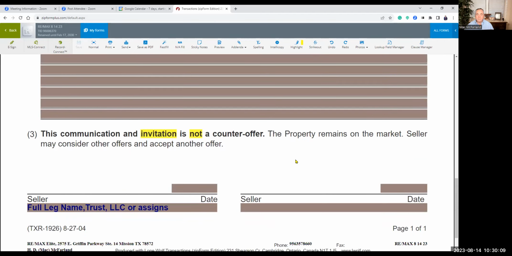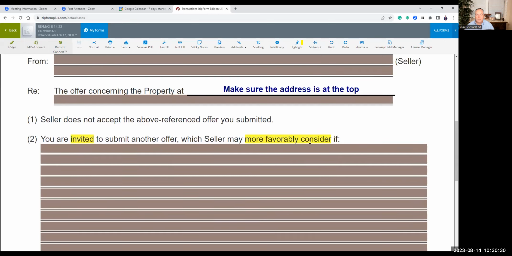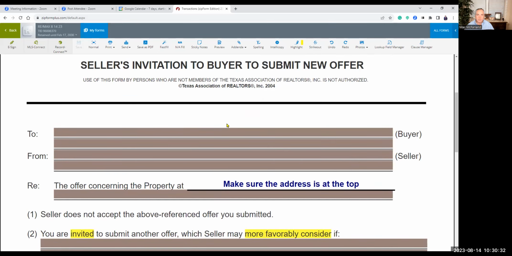It's an invitation for a better offer, something we might consider a little better. This form is designed for the seller to say, if you did this, I would look at your offer a little better. That's it. And it helps on the buyer side because now we have specifics on what they're looking for.